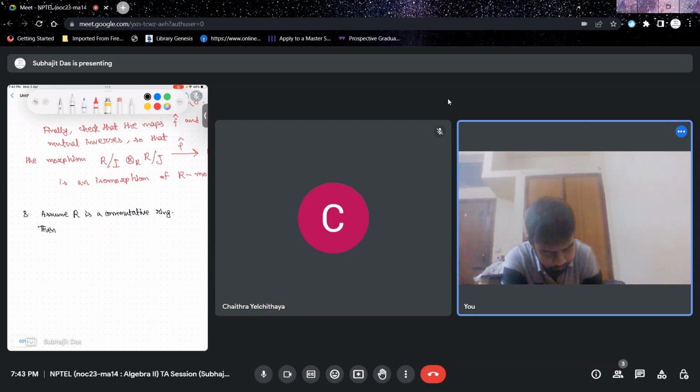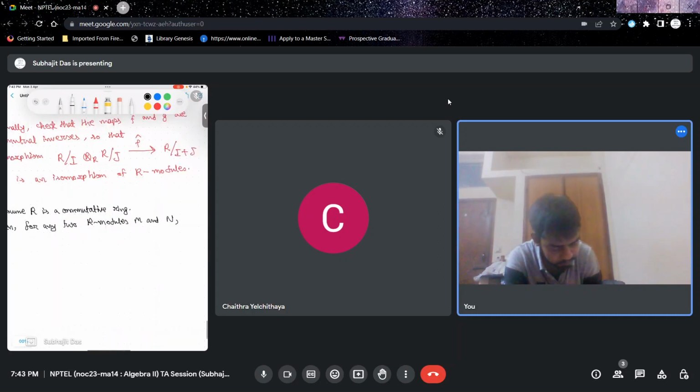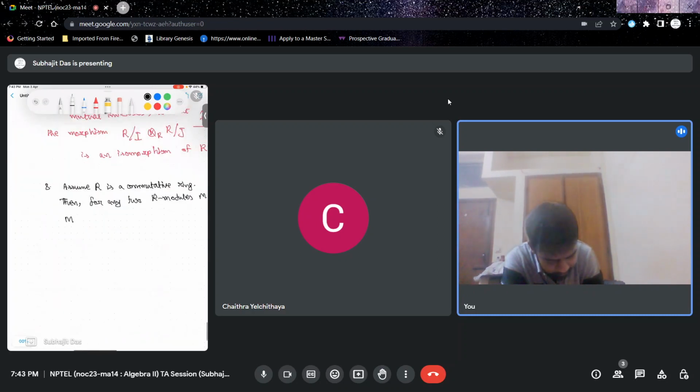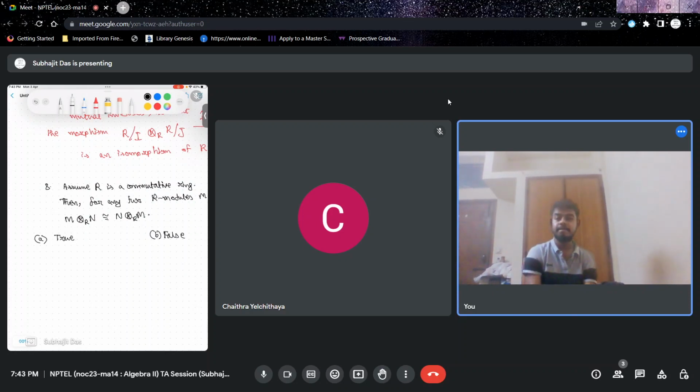Then for any two R modules M and N, M tensored over R with N is isomorphic to N tensored over R with M. So is this true or is this false? So what do you think? Is this true or will this be false?